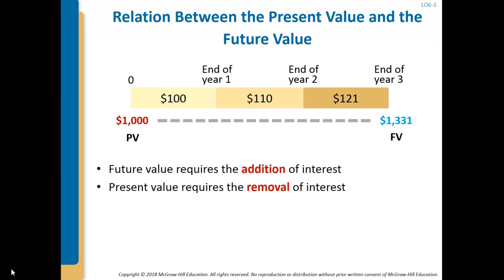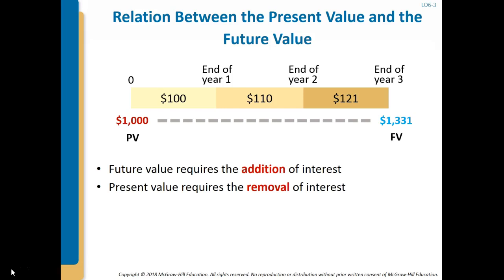Graphically, the relationship between the present value and the future value can be viewed as shown here. While the calculation of the future value of a single sum invested today requires the inclusion of compound interest, present value problems require the removal of compound interest.